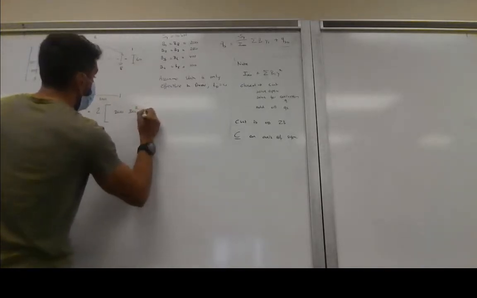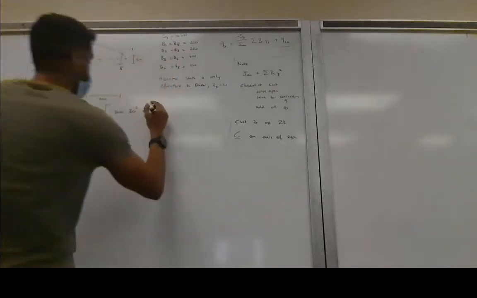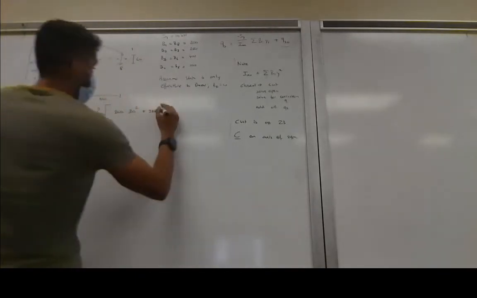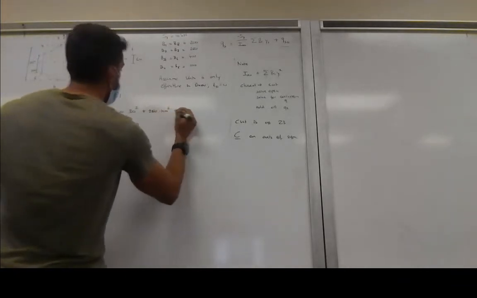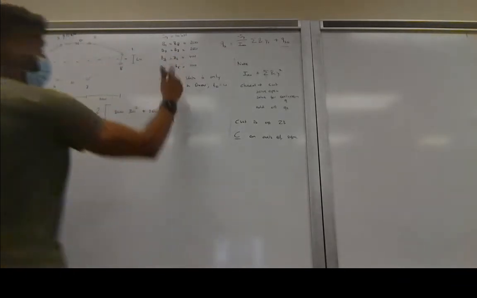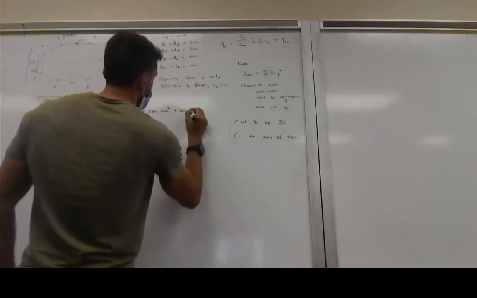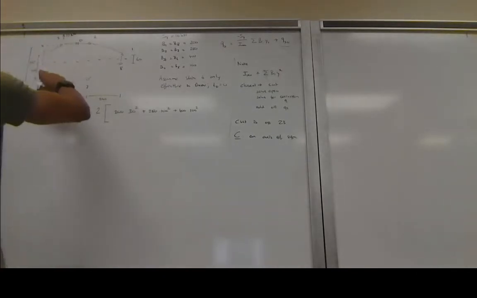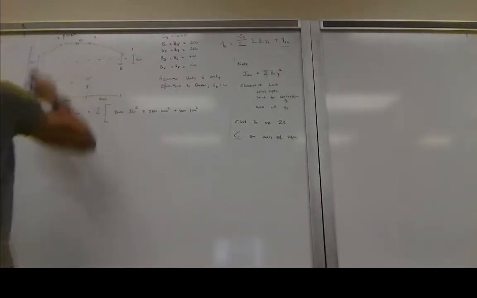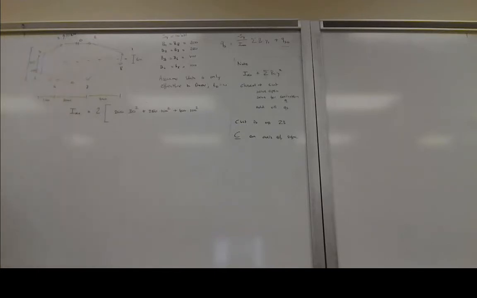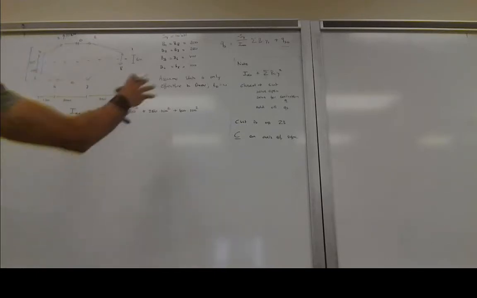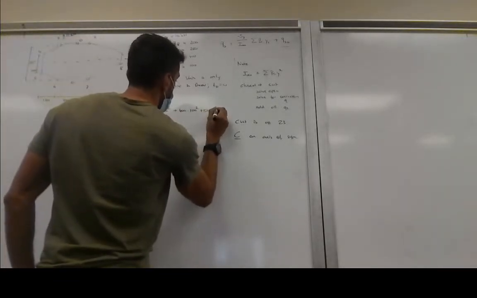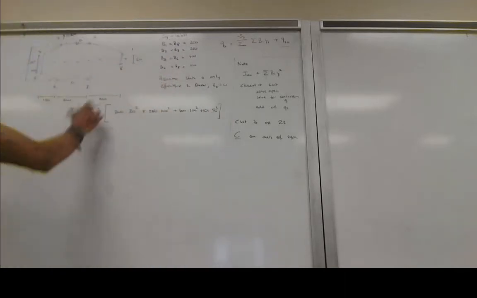So 30 squared, plus boom 2, which is 250, and this distance is 200, so it's 100 squared from the centroidal axis, plus boom 3, which is 400 and lies at the same height, so that's 100 squared as well. And then we have boom 4, which is 100, and 50 squared. That's 100 times 50 squared. And then the 2 takes care of the bottom half.